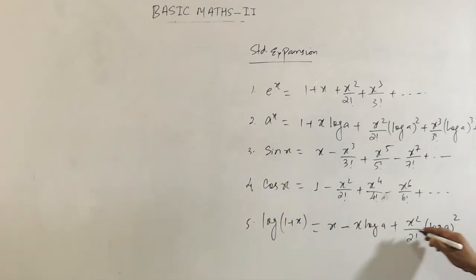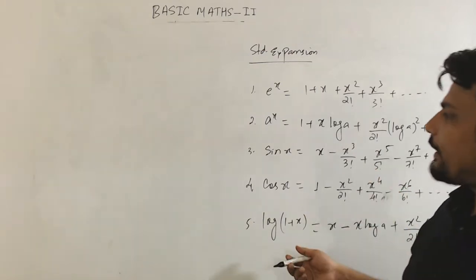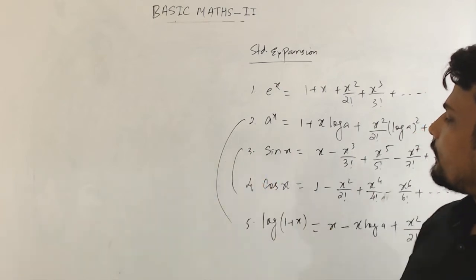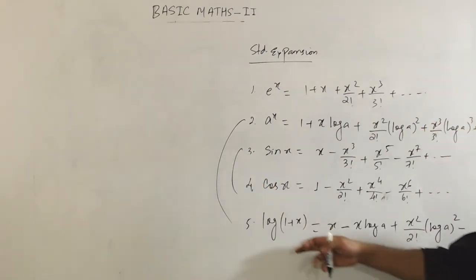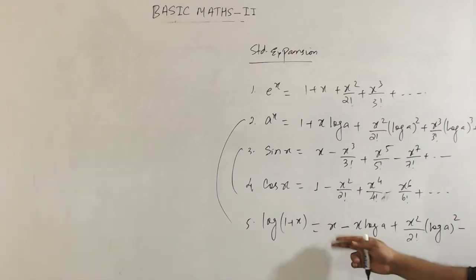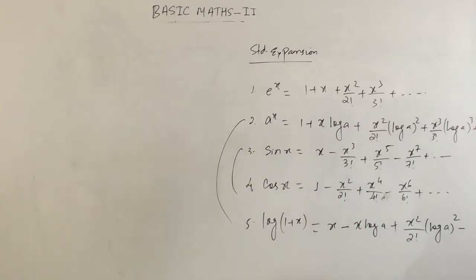Going further, we'll have minus x cube by 3 factorial log a whole cube. So this is how things go over here. You can make some similarities to memorize. These two look very much similar, except for this plus minus thing. Almost everything is the same, and we have just 1, and here we start with the x.